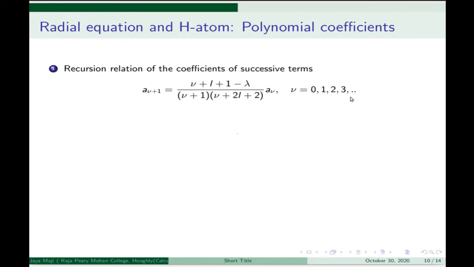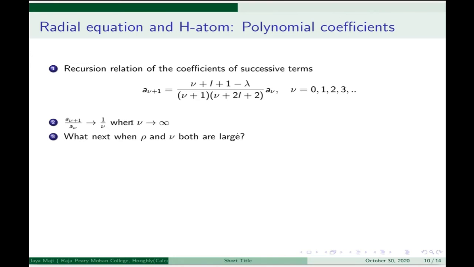Now if we do the convergence test in the large limit of nu, then we see that as we go to the higher terms in the series, the coefficients satisfy the converging nature.